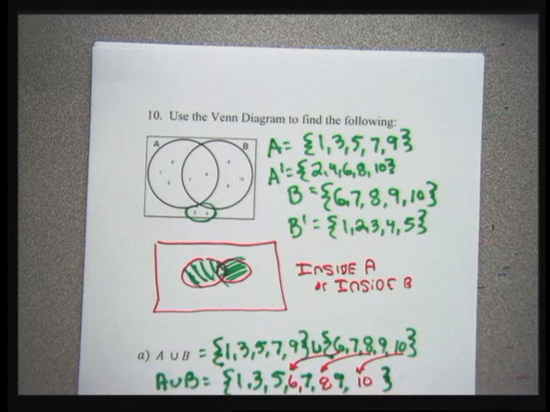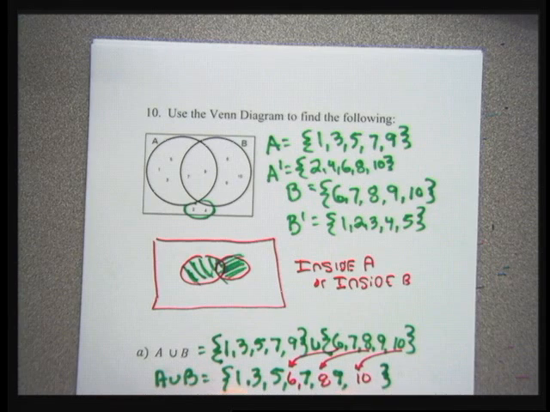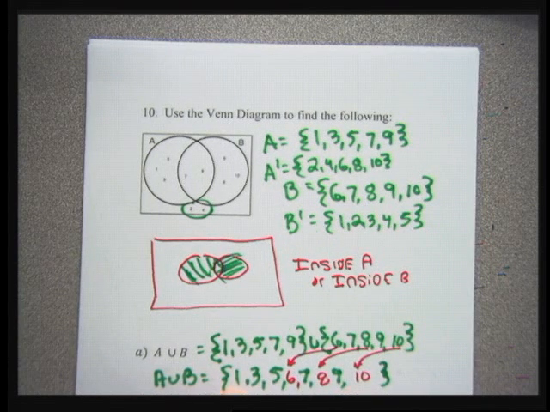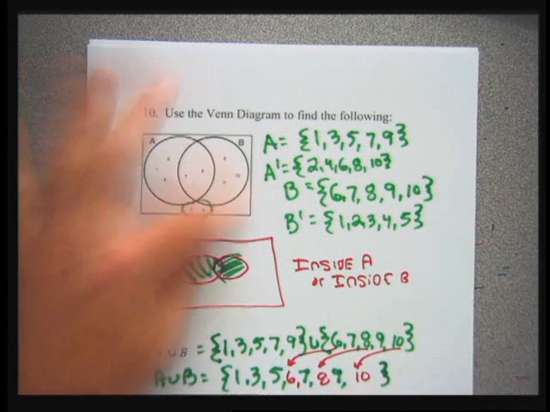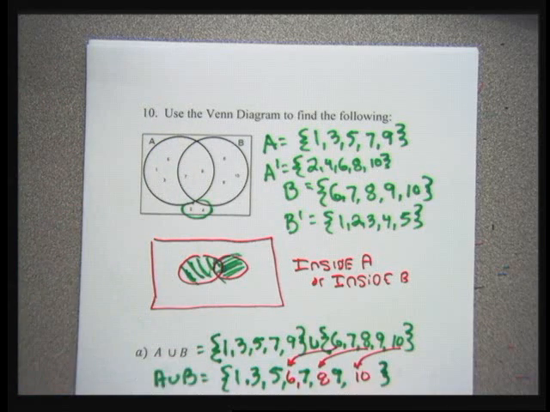When you look at my list for A union B, the only numbers it's missing are the numbers outside the A circle. So 2, 4 is what's missing. The answer to A union B is 1, 3, 5, 6, 7, 8, 9, 10. This is the answer, whether you get the numbers that belong in this by understanding the region of the picture and then looking for the numbers, or if you just do the symbols. And for me, symbols are easier, so I can continually do the symbols.